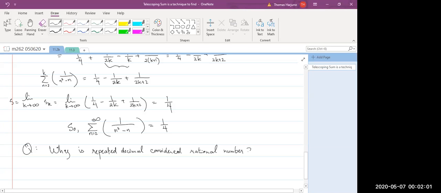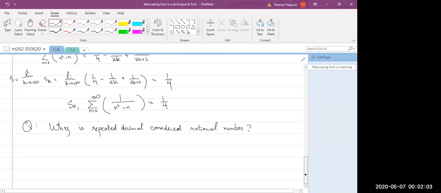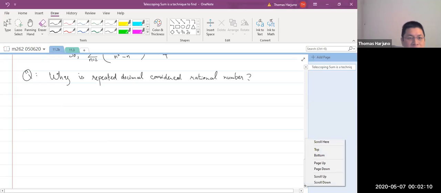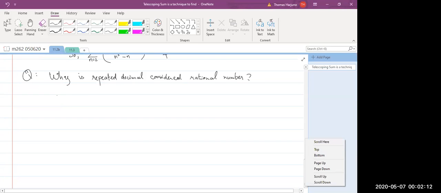Is it because it's a sum of rationals? Because we can rewrite it as a fraction. Right. Because we can write it as a fraction.